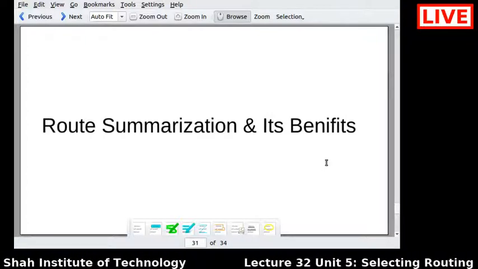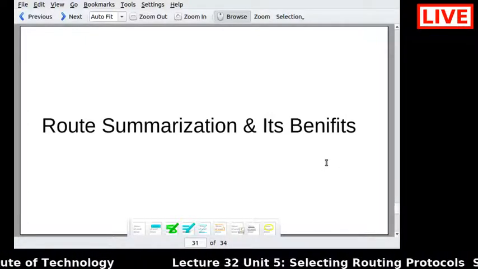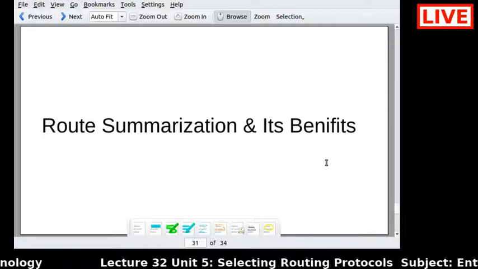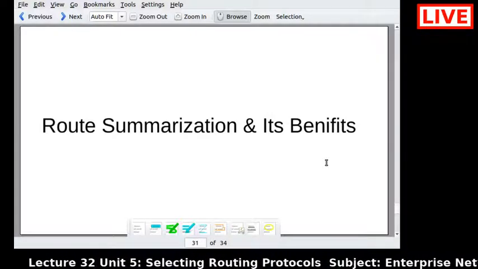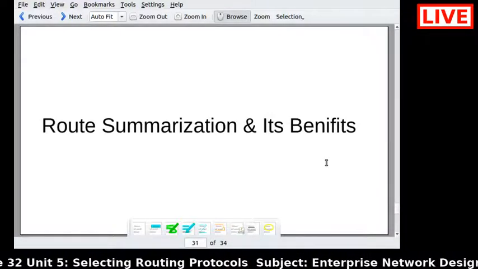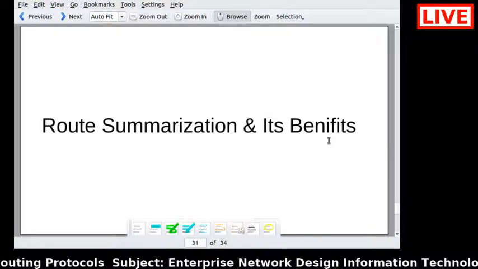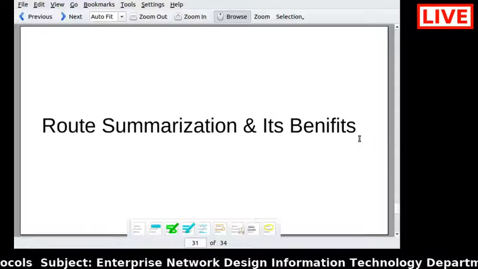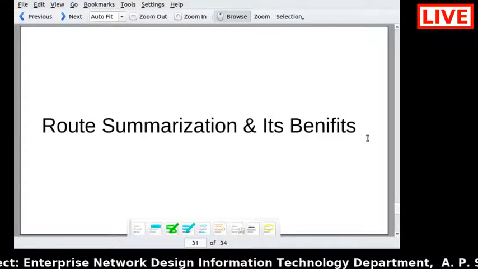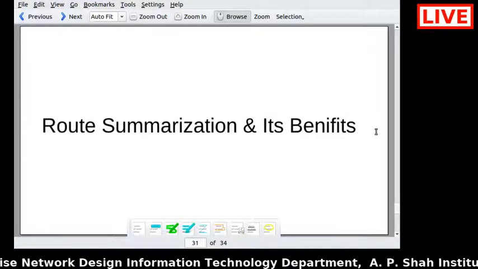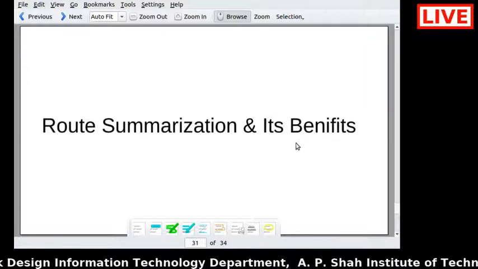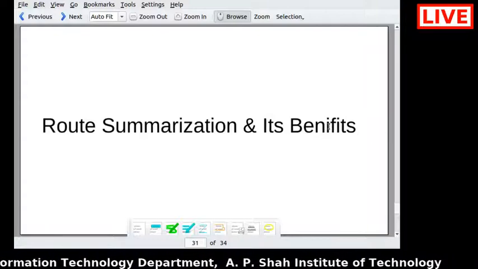By doing that, we can optimize our routes. A single summary address is given in the routing table, which is a representation of a set of the routes in that routing table.